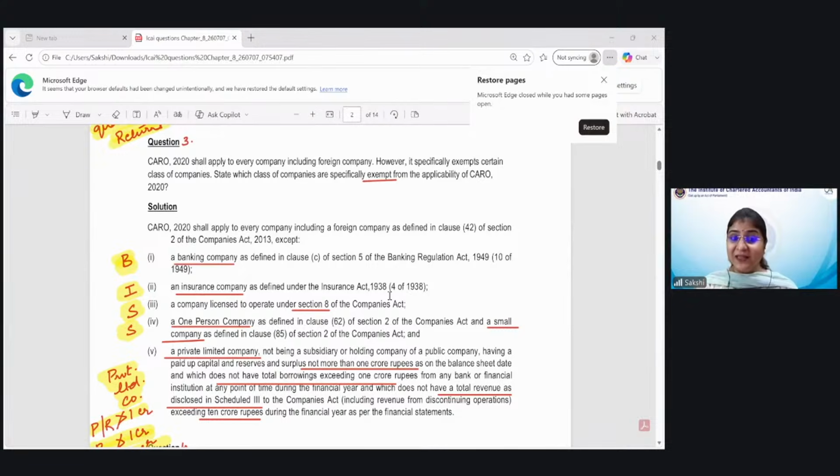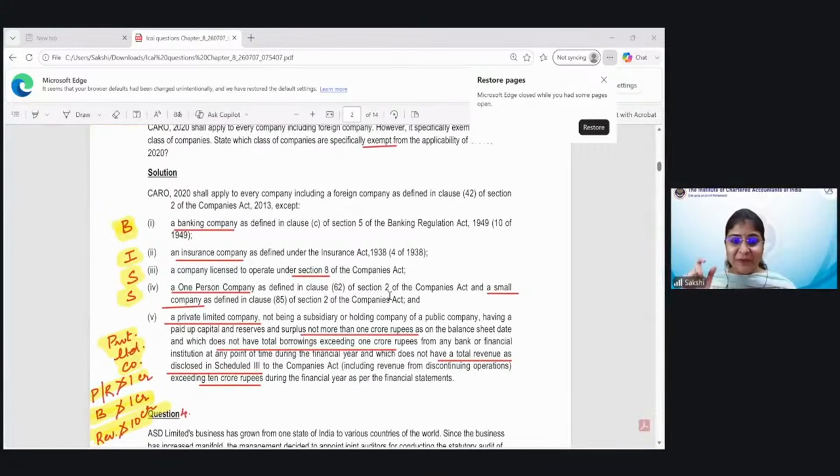Okay, so let's see. It is applicable to every company except, what are the exceptions? I told you how to remember.